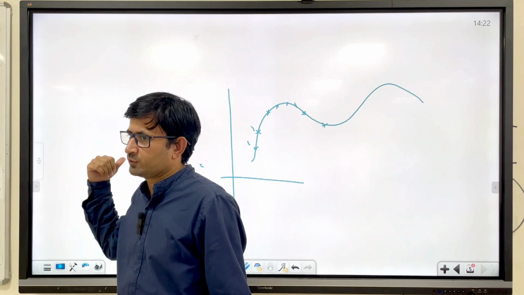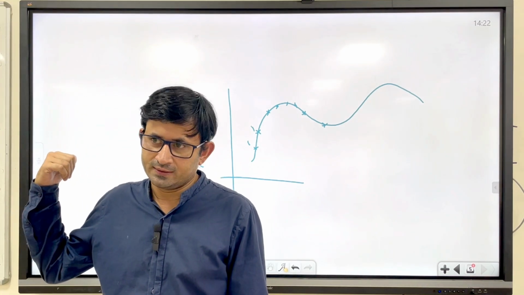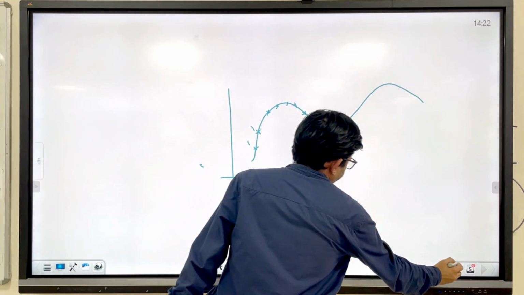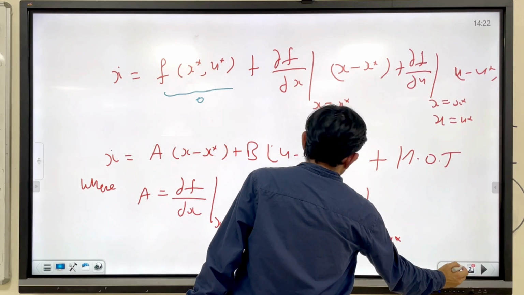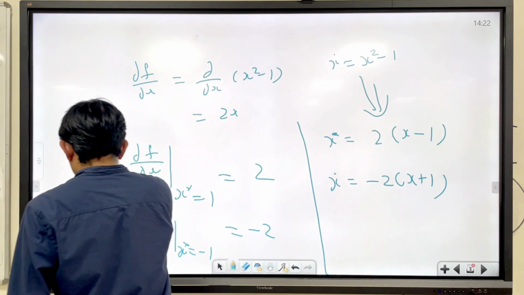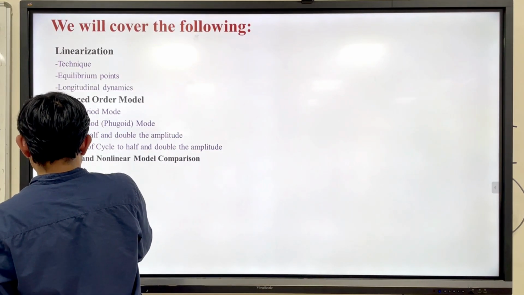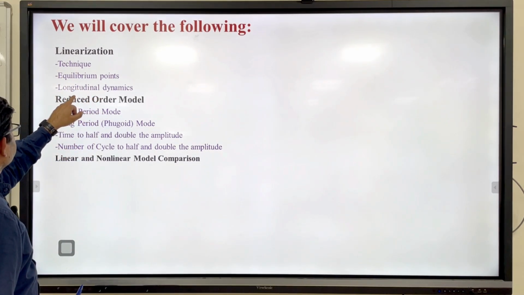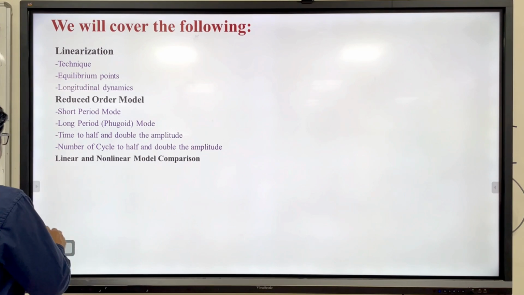Or straightforward, you can use the Taylor series technique. And by the way, this is called the Jacobian. Whatever taking the derivative is called Jacobian. So now the technique is done, equilibrium point is done, and we'll go for our case.